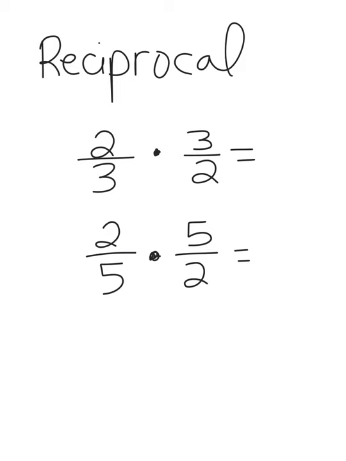If we multiply a fraction by its reciprocal, we actually get a number 1. 6 divided by 6 is 1. Anything divided by itself is 1. So if I look at the next example, 2 times 5, I get 10 over 10, and that equals 1 whole. So reciprocal is going to be important in example 5.